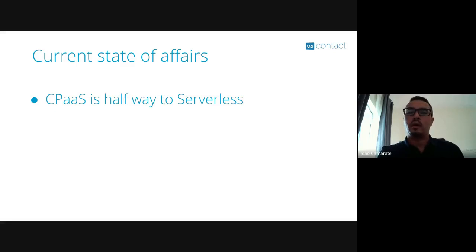If you're writing an app that takes advantage of telecommunications infrastructure, with CPaaS, you already get a bit of serverless, right? You're writing your code, and your code is executing third-party functions, usually HTTP functions. So it's like halfway to serverless, but that's not the full picture, right?